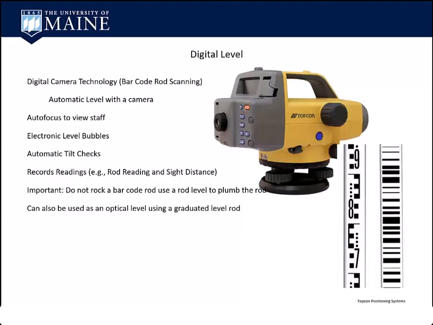It's going to read the barcode, and it's going to determine the height of the rod reading, and it's going to determine the distance to the rod. But like a lot of electronic equipment, it has electronic level bubbles, tilt check. The big advantage that I like is that it will record the observations onto a data collector or SD card.